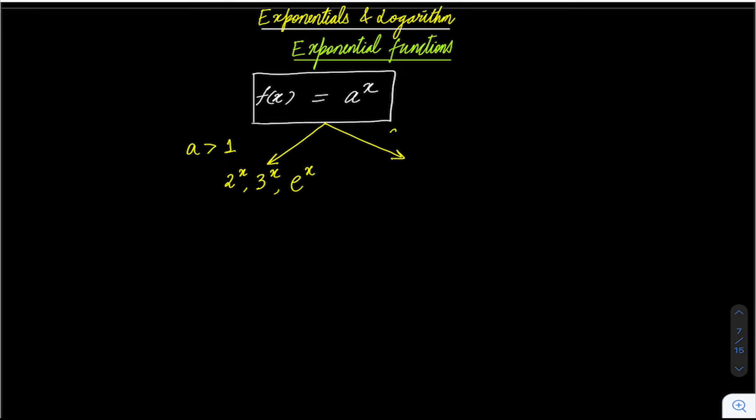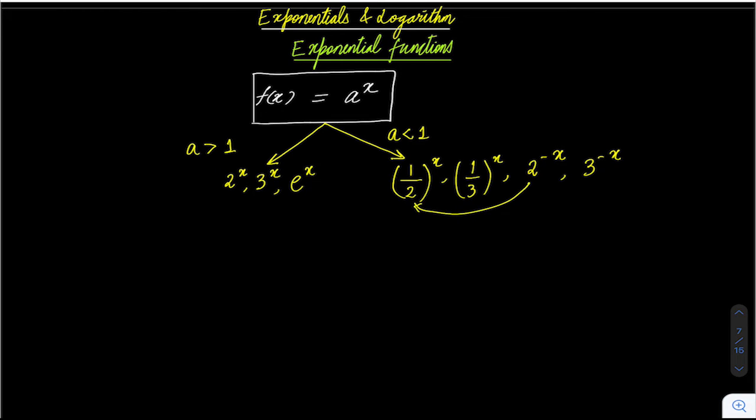Then you can have functions where a is less than 1. For example, (1/2)^x, or (1/3)^x. The same functions can be represented like this also: 2^(-x), 3^(-x). So basically this and this are exactly the same, no difference at all.